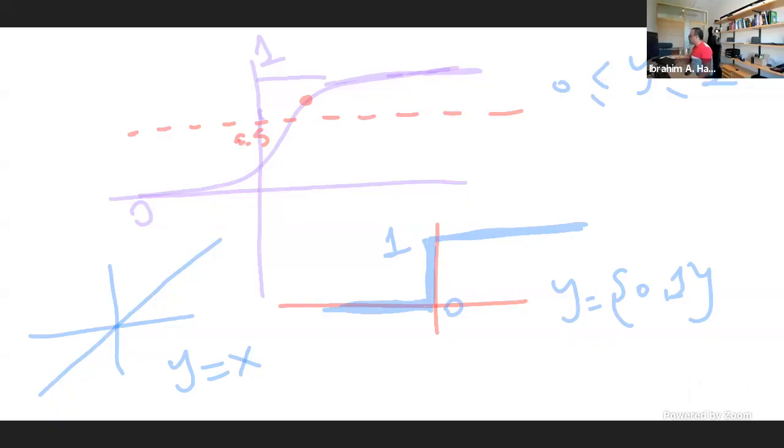I want to clear it. So imagine that we have data like this one.